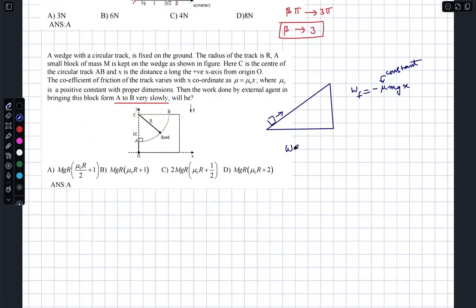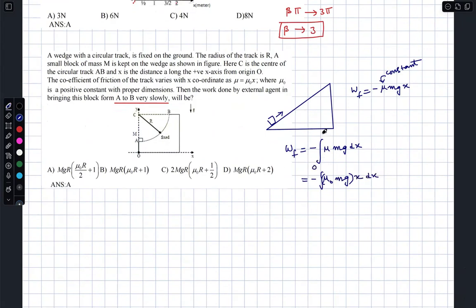So the total work done by friction is minus the integral of mu mg dx, which is minus mu naught mg, a constant, times x dx.